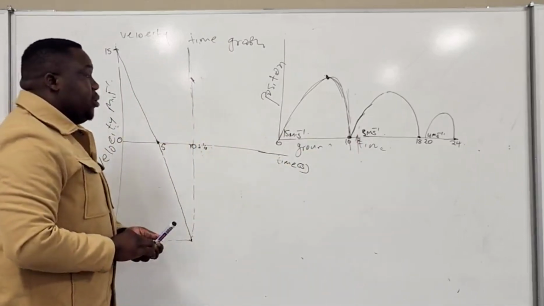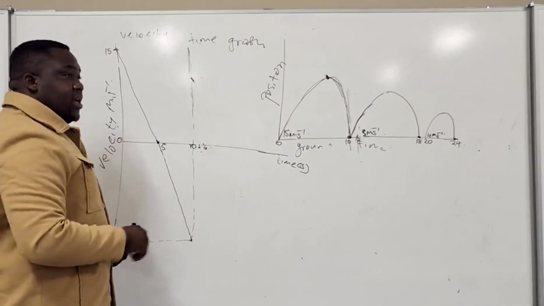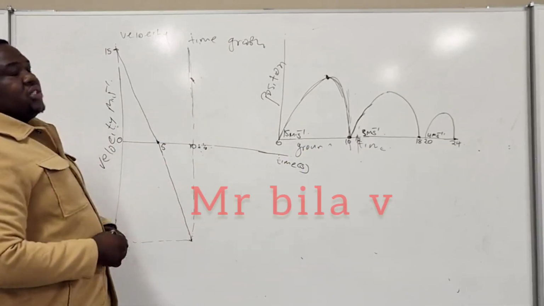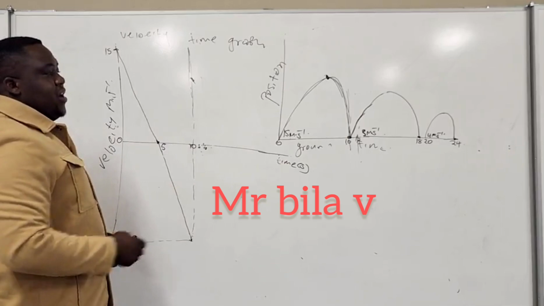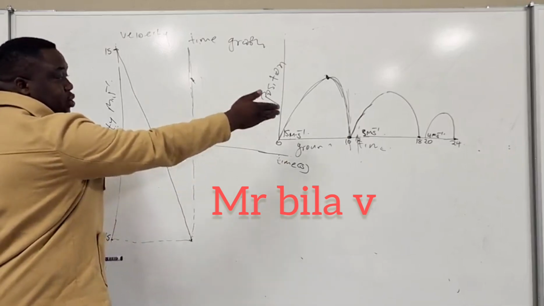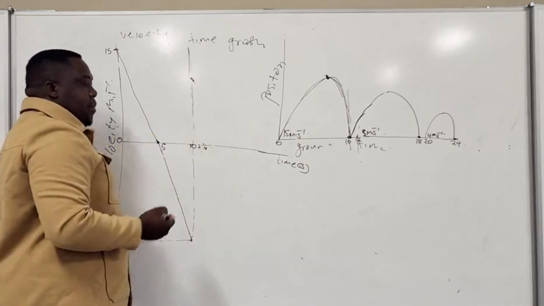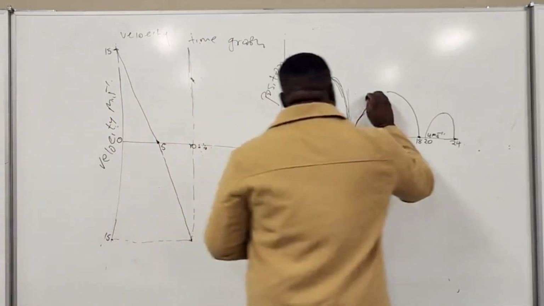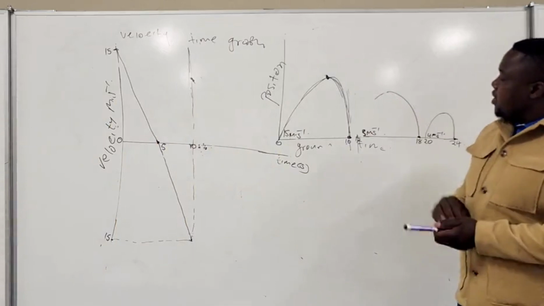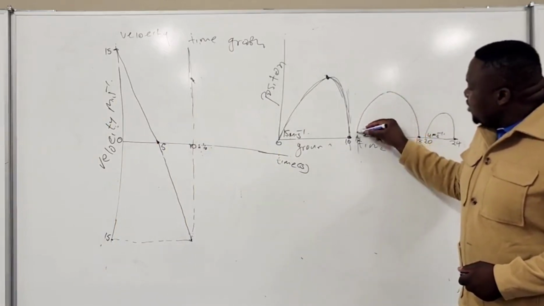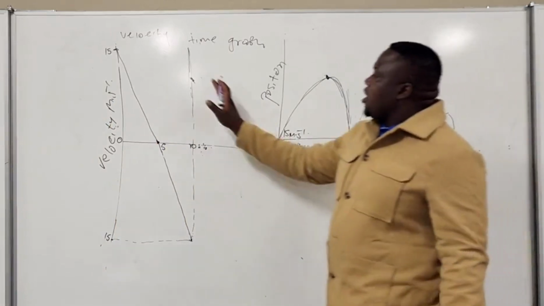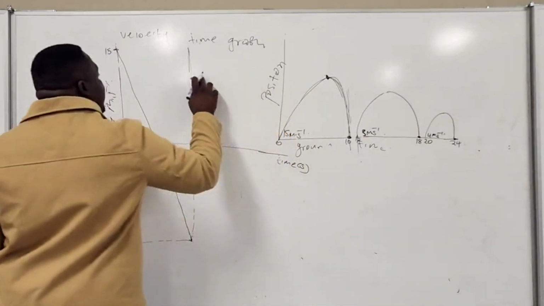Which is not possible in nature, because when the ball bounces, there will always be contact time. But since this graph, as it is given now, has a space, it means I need to start after 2 seconds.